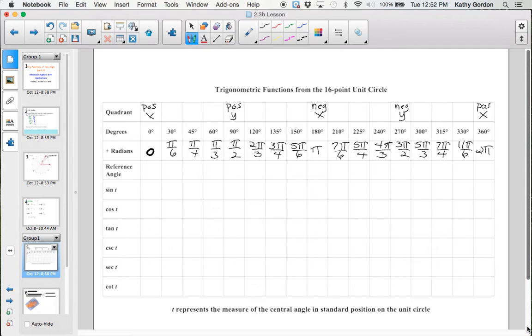Okay? So if those are the angles that end up on the axes, then the angles in between must all be in the same quadrant. So these three angles are all in which quadrant? 1. And then these three angles are in 2.